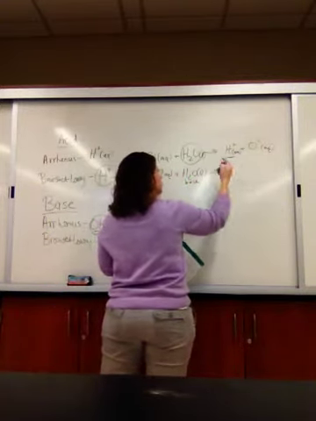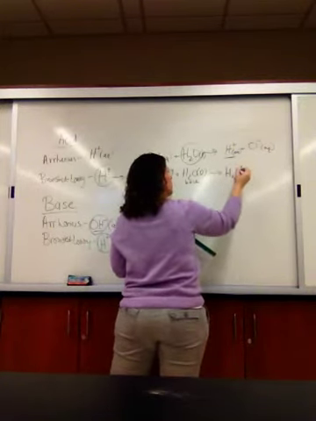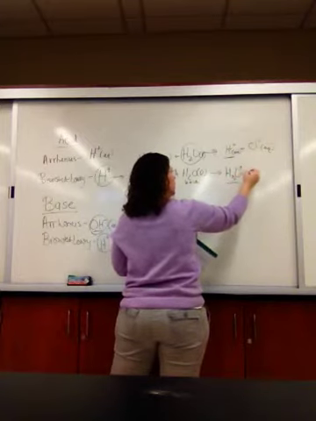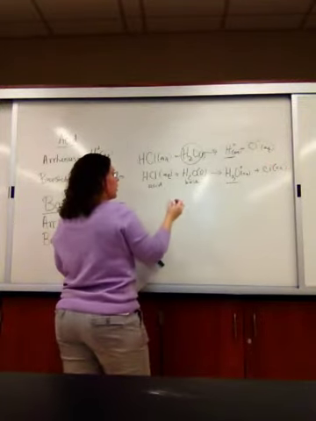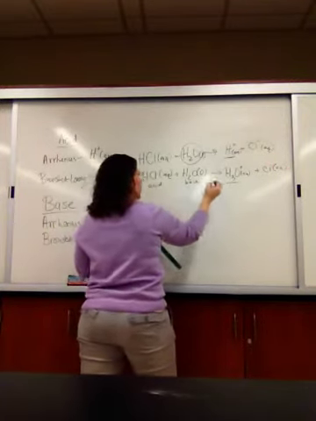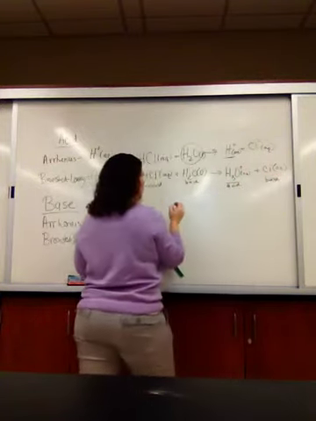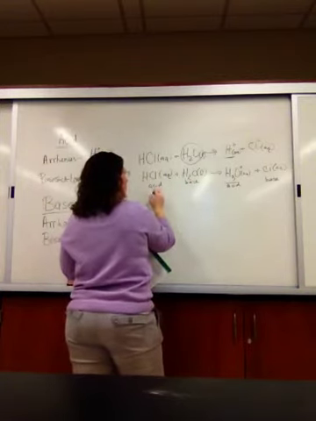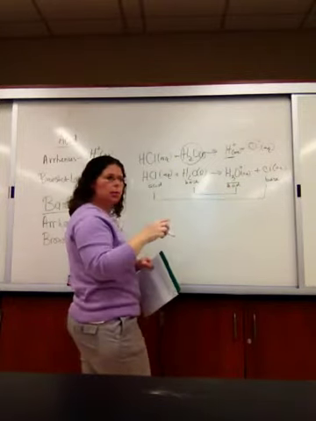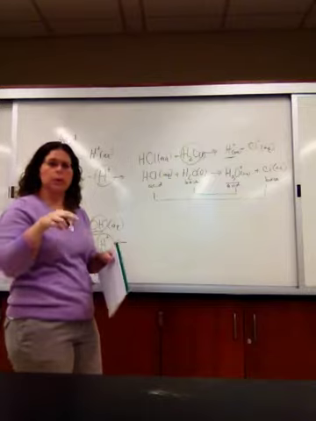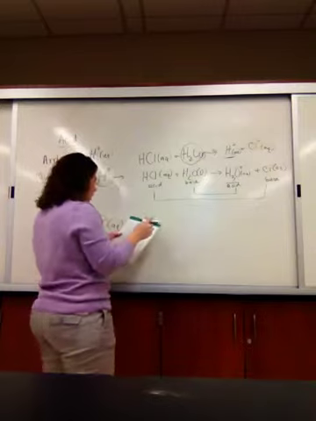And when it goes into solution and separates out, you're going to form a hydronium ion in water plus the chloride ions in aqueous solution. This is your acid and this is your base. So you have an acid and its conjugate base, and here you have a base and its conjugate acid. That's going to be important when we're talking about buffer solutions, because with buffers, you talk a lot about acids and their conjugate bases.